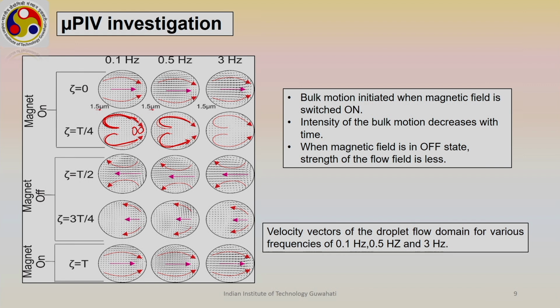But when the magnet is off, the deposited particles will try to disperse from the deposited area. Here is an important physics that I would like to discuss, which we can obtain from the experimental observation. At tau is equal to T by 2, the magnet is now in the off stage, and the particles are getting dispersed. But when particles are deposited, they are not deposited haphazardly.